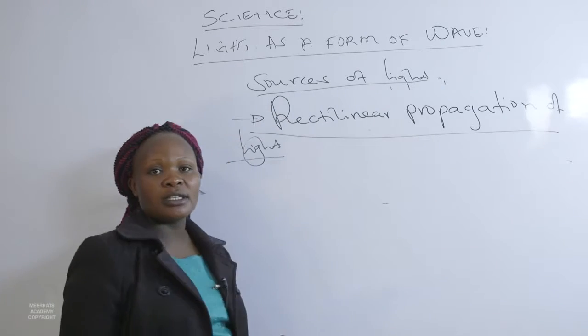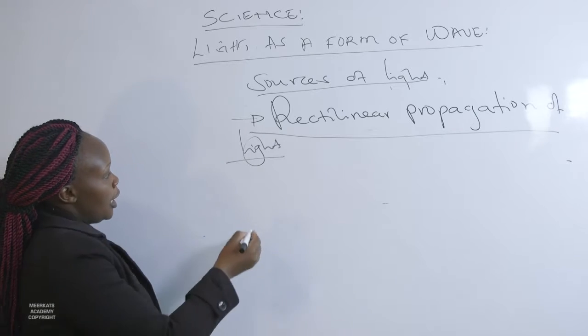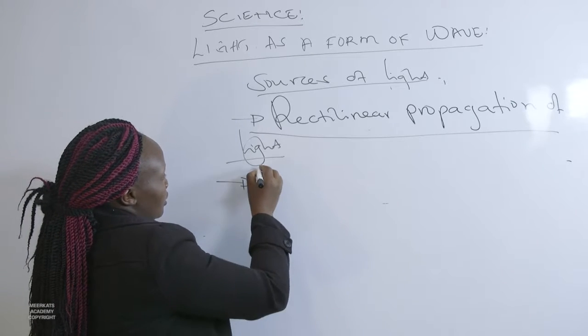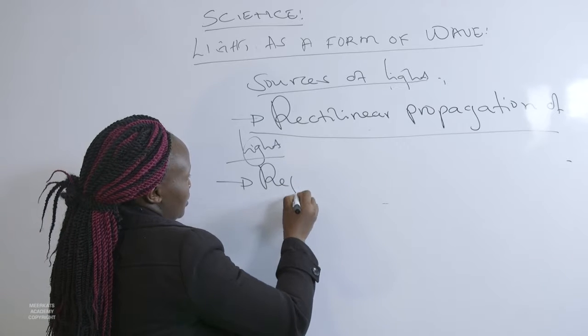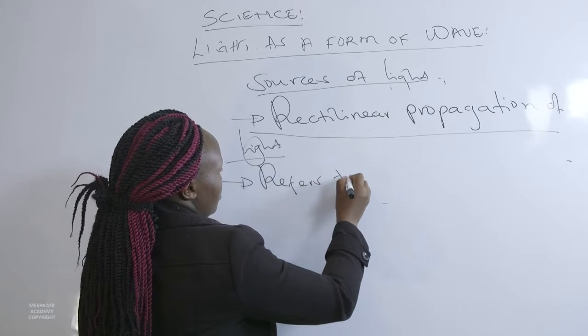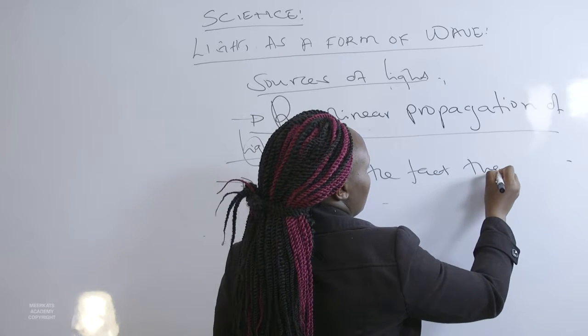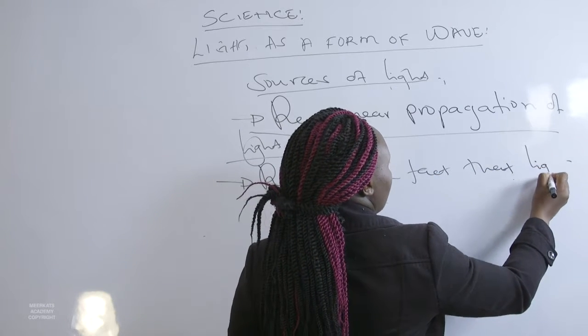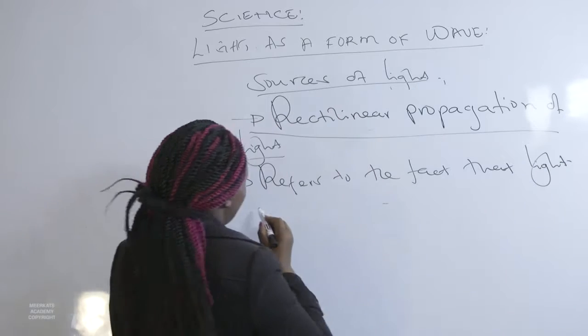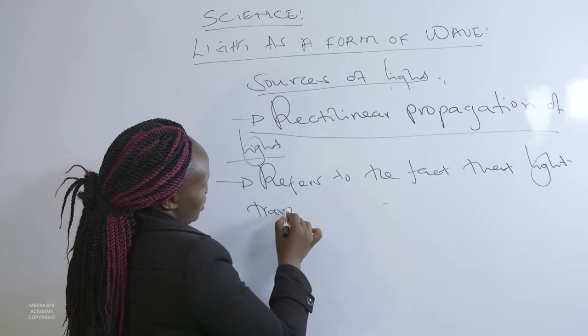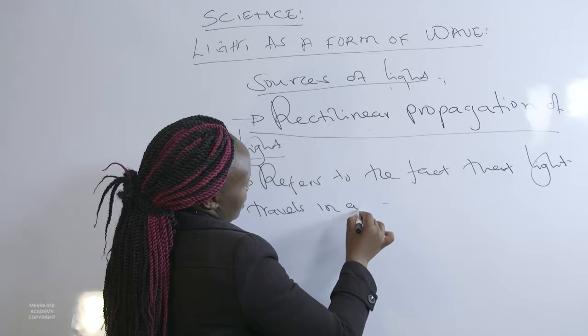And this one is the simplest property and refers to the fact that light travels in a straight line.